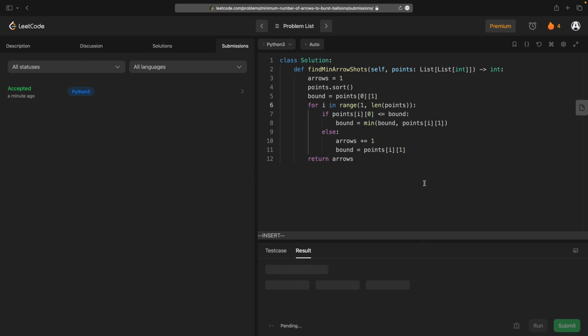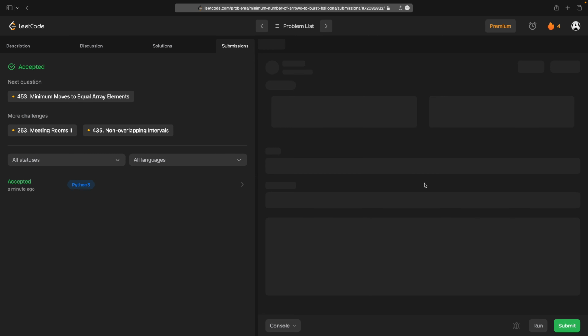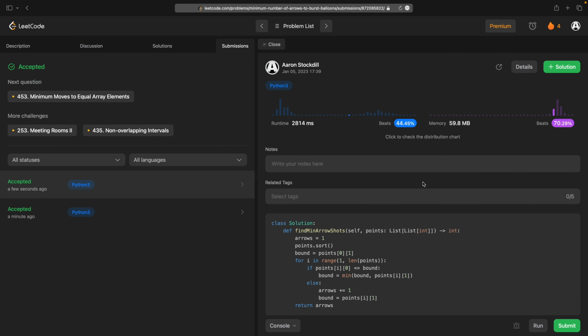So if we submit that, ooh, that didn't quite handle the edge case of an empty array, but I don't think we were given that. Okay, that's apparently even worse in terms of speed. I'm not quite sure what to make of that. If anything, that should be faster. So I suspect we're just playing around in implementation quirks or noise, effectively.